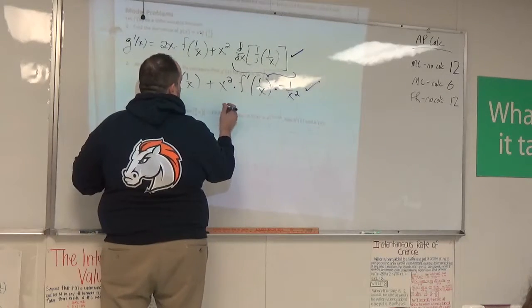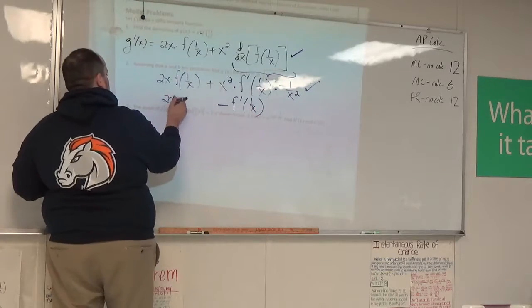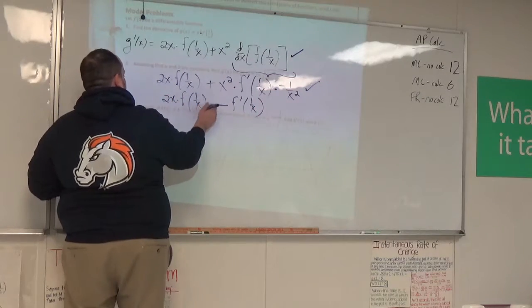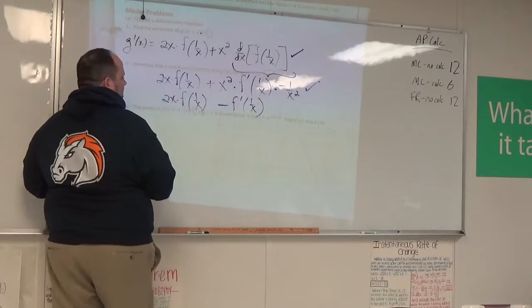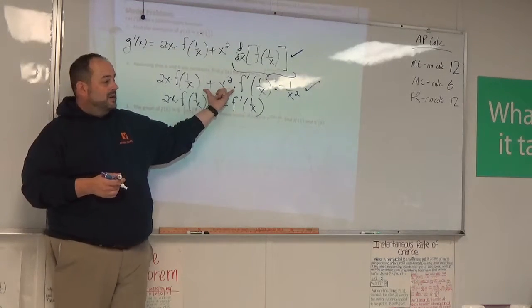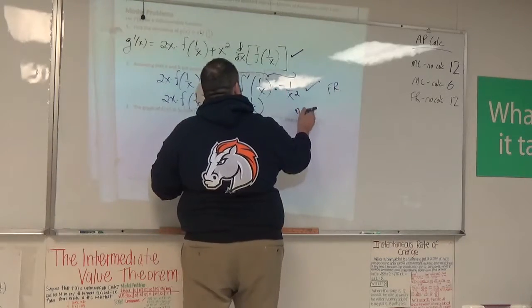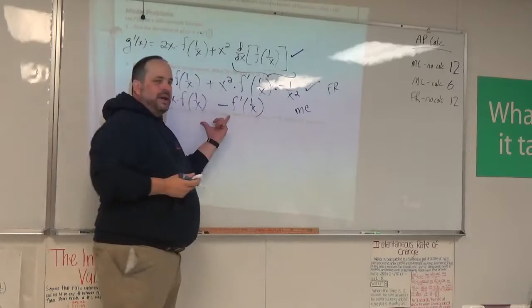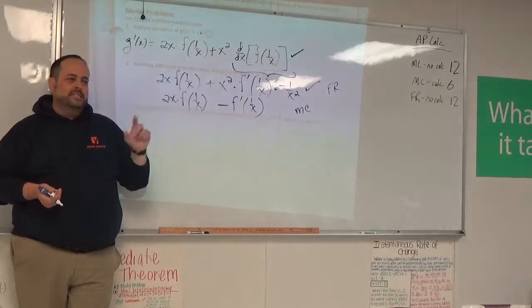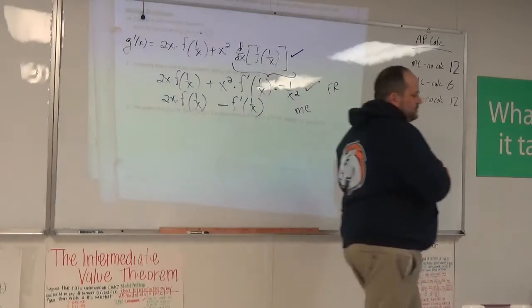Is it just negative 1? So you're going to have negative f prime of 1 over x. 2x times f of 1 over x minus f prime of 1 over x. This is no better than the work that we had over here. On free response, this is a safe stop. But on multiple choice, this is the way that I'm going to choose to write it, and you just need to know it. Okay. All right, see what you can do in the second one.